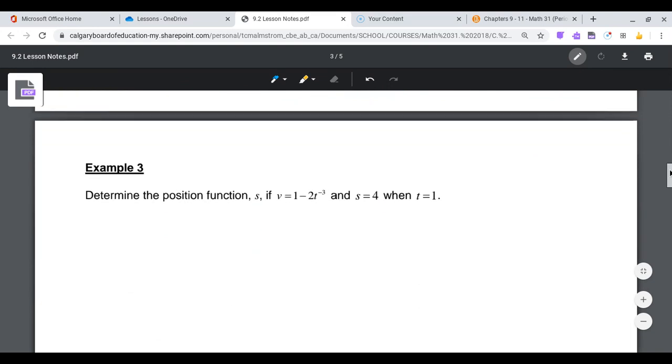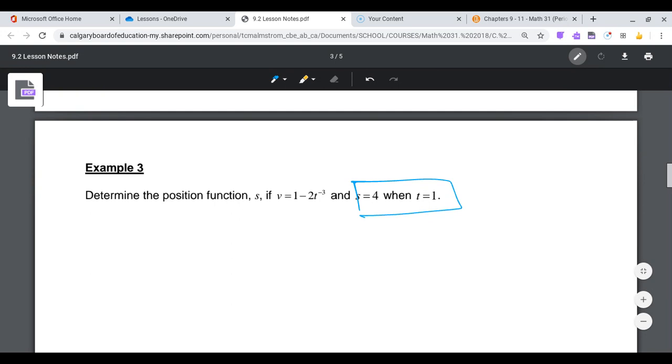Determine the position function s if v is given as 1 minus 2t to the negative 3, and s equals 4 when t equals 1. Okay, so this is obviously not at time 0, so it's not technically an initial condition, but it for sure gives me an ordered pair to work with to find my constant.